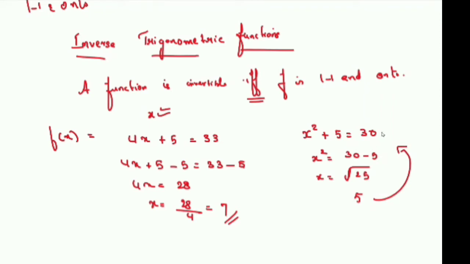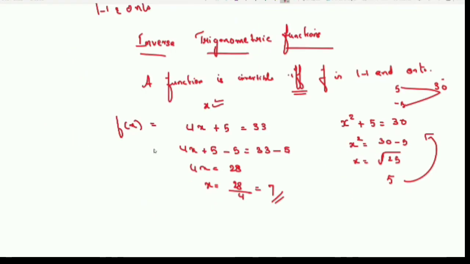So we are not able to find the original number. The reason is this is not a one-to-one function. 5 is giving you 30 as the output, and minus 5 is also giving you 30 as the output. It's a many-to-one function. To find the original number, we need the inverse of the original function. Here the original function is f of x equals 4x plus 5. The inverse: you put it as y, x is equal to (y minus 5) by 4.